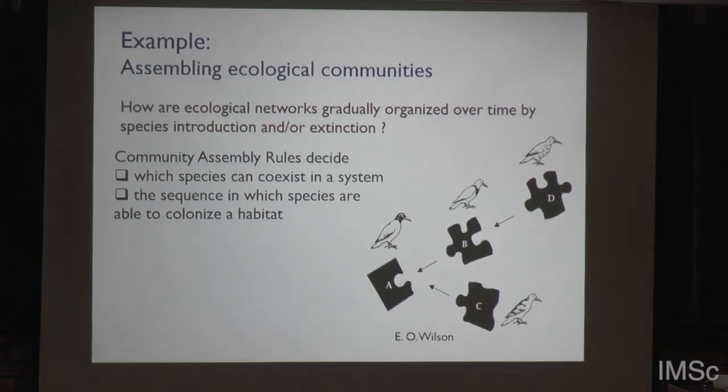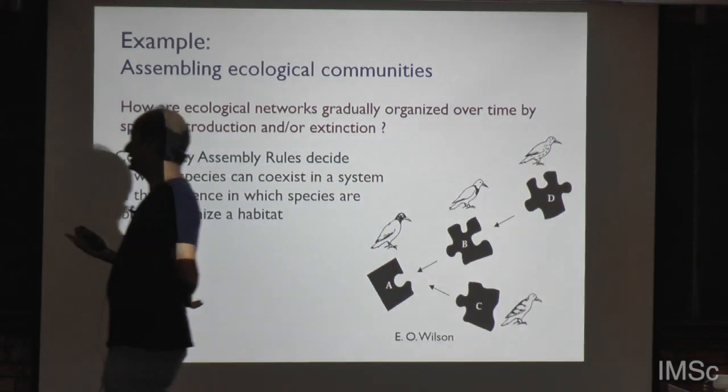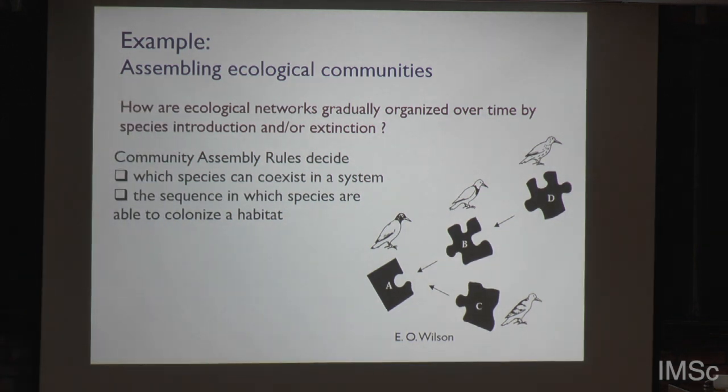This principle of how ecological networks are assembled has been looked at, of course, in ecology, where the famous ecologist Wilson has compared how an ecological network is gradually set up with the process by which you solve a jigsaw puzzle. Wilson has this wonderful picture in one of his books where he says that what kind of form an ecological network will take depends pretty much on the sequence in which different species come in.